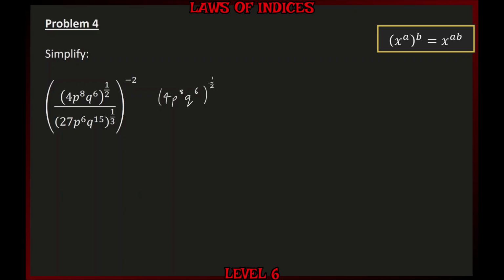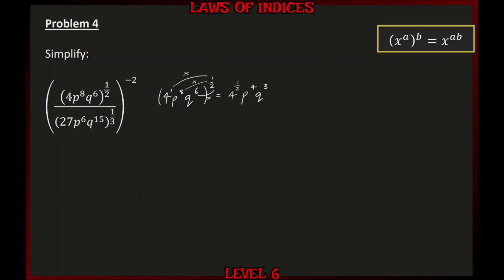Starting by adding a 1 as the power on our 4, we can multiply 1 and a half together to give us 4 to the power of a half. Next, we can multiply 8 and a half together to give us p to the power of 4. And finally, we can multiply 6 and a half together and we get q to the power of 3.